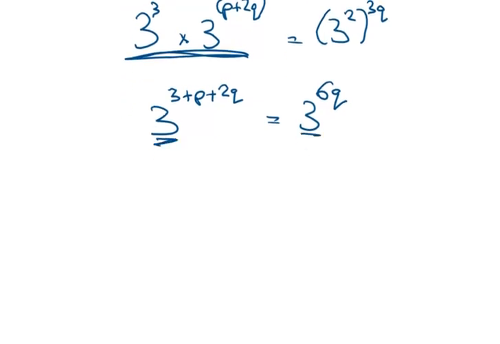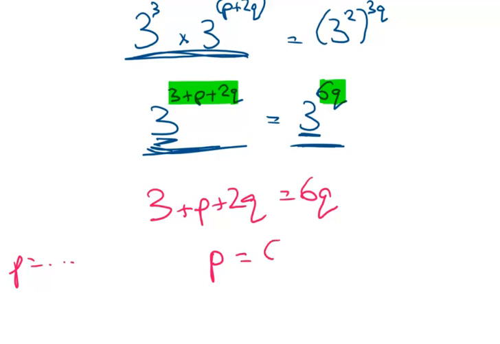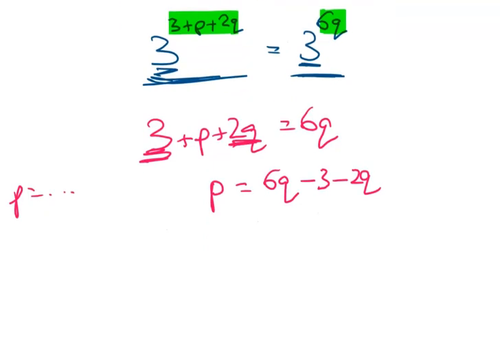We've got the same base, so if this is equal to this, then the powers must also be the same. So 3 plus p plus 2q is equal to 6q. And remember, we were asked to write p equals something. So p is equal to 6q minus 3 minus 2q. Just undoing these things. That gives me p is equal to 4q minus 3.